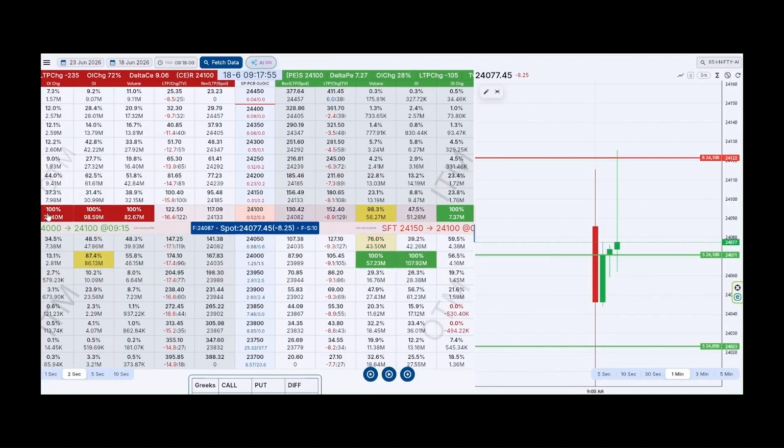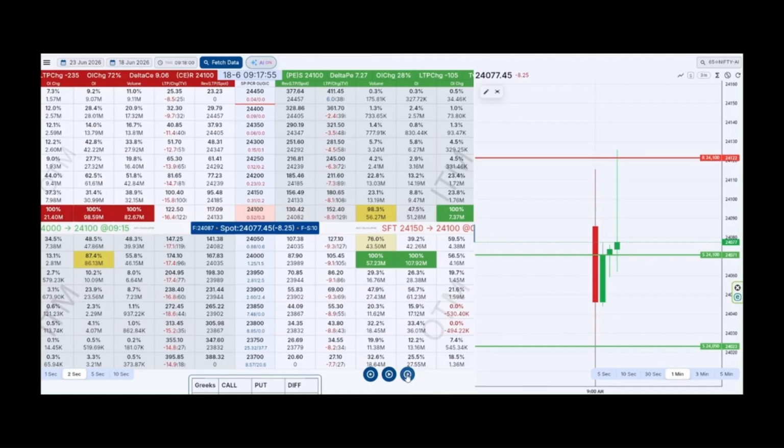Now let's check whether the top reversal conditions are met. Once again, let me revise the conditions. For a top reversal, we should have a strong resistance with 100% call volume, 100% call OI, 100% call OI change. At 24,100, the call side has 100% volume, 100% OI, and 100% OI change.